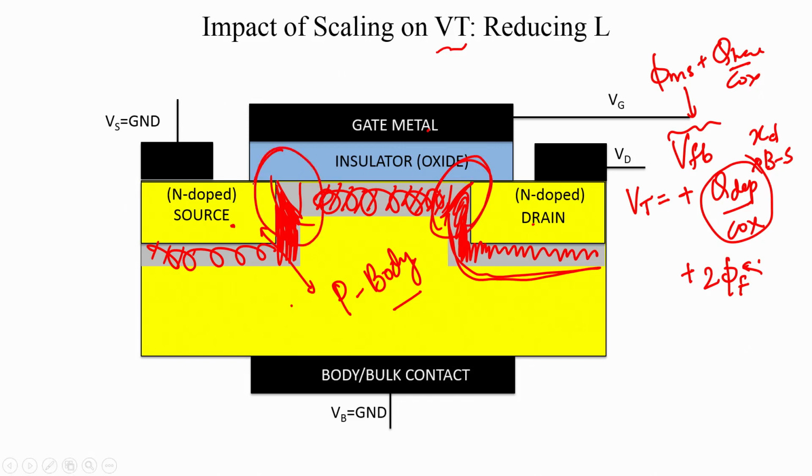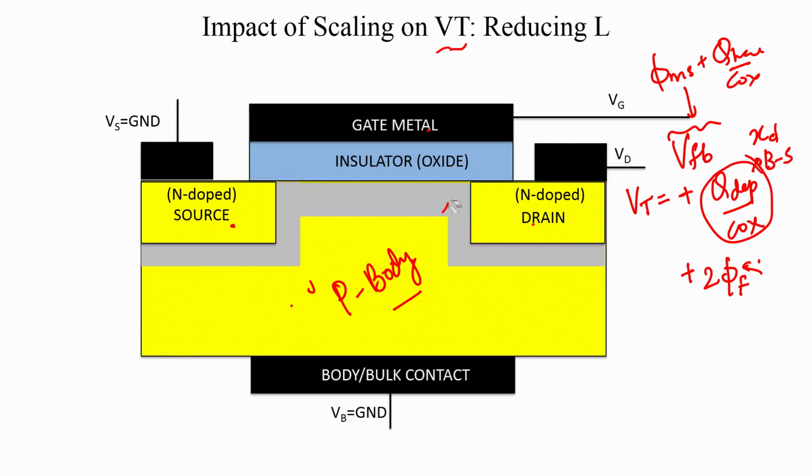But in a long channel device, let me just write this down neatly. The gate needs to deplete this region. Half of this region is also the job of the gate, because this region is shared between the PN junction and the gate.